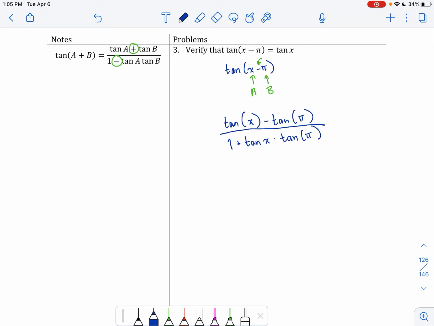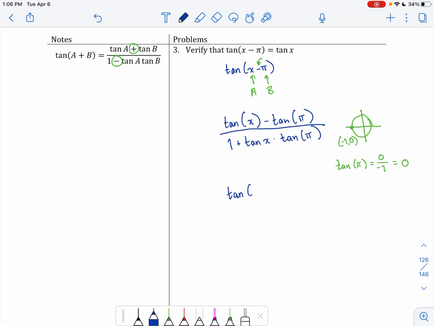Now, the next thing we want to do is find out what the tangent of pi is. So if I'm looking at the unit circle, pi is here, which means that cosine is -1 and sine is 0. So that means that tangent of pi is 0 over -1, so all 0.